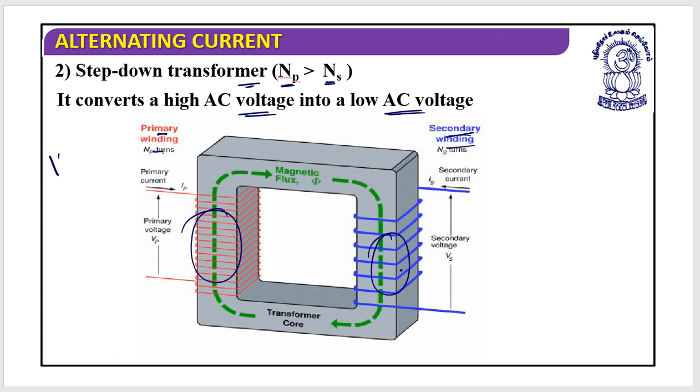The voltage on the primary would be greater than the voltage on the secondary, but it also means that the current in the primary will be less than the current in the secondary because power remains constant. I hope you understand this.